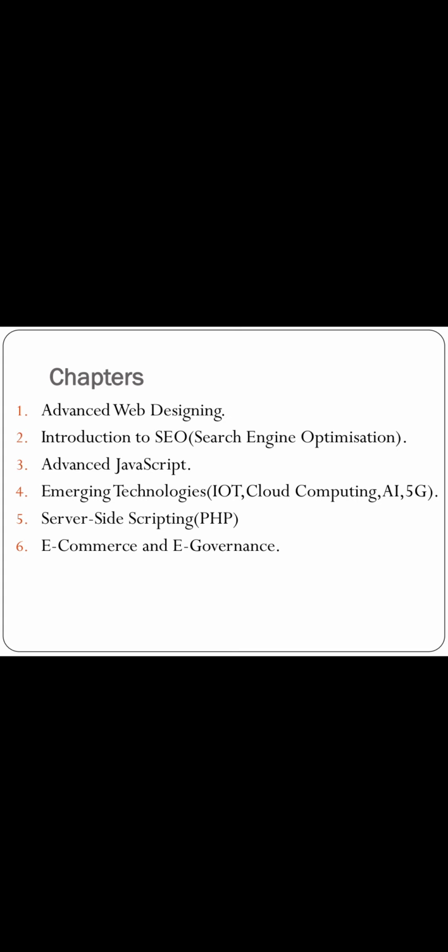Then next we will be looking into trade cycle. There are many phases of trade cycle. We'll be looking into the details when we actually study the chapter. So this trade cycle part is also very important. Then after completion of this e-commerce, we'll be starting with the e-governance. In this e-governance, we'll be looking at what is e-governance, then what are its types, and many things related to the e-governance.